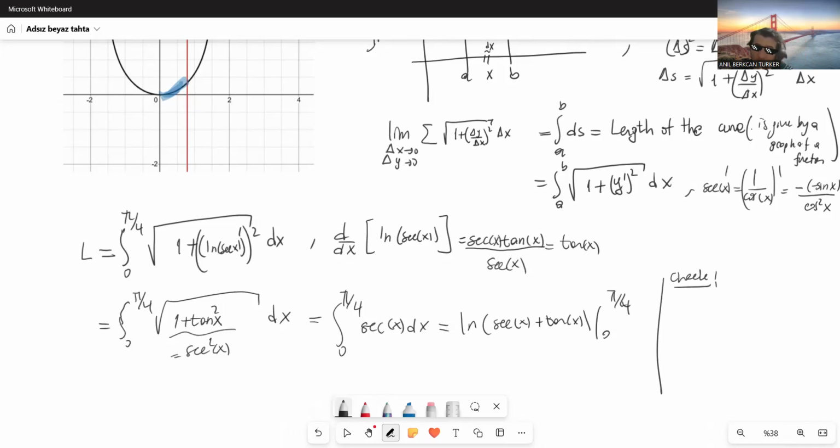What's the derivative of the inside? The secant derivative is secant x tangent x, and the tangent derivative is secant squared x, divided by secant x plus tangent x. When you factor secant x out of the parentheses, there will be secant x. So it's correct. When you put these things together, you will find the length of the curve.